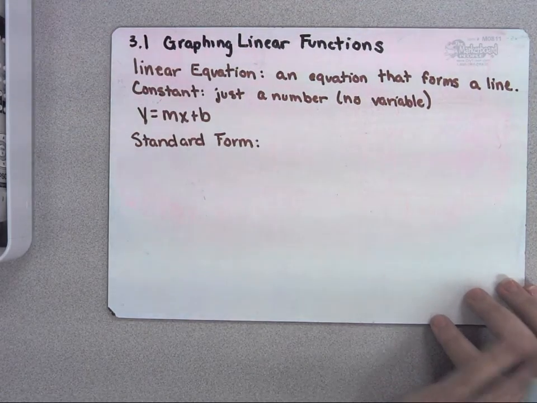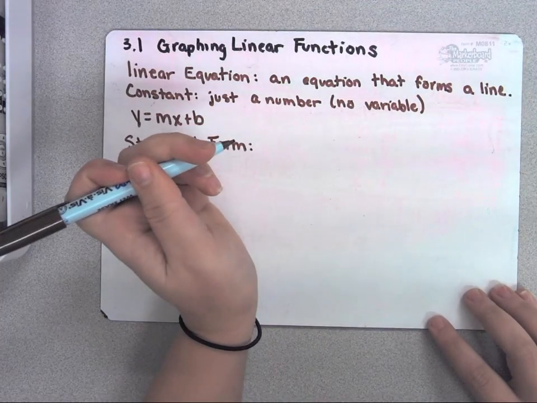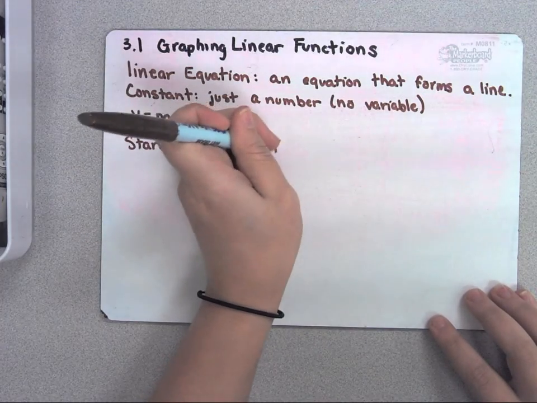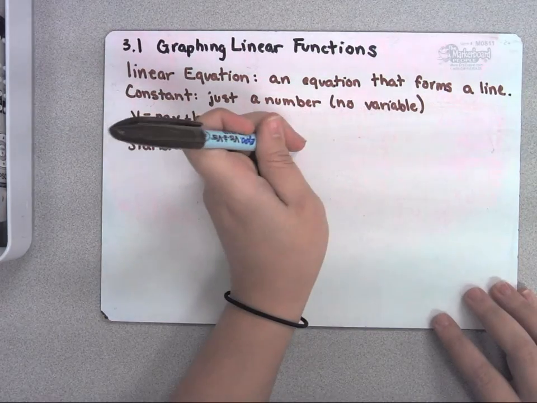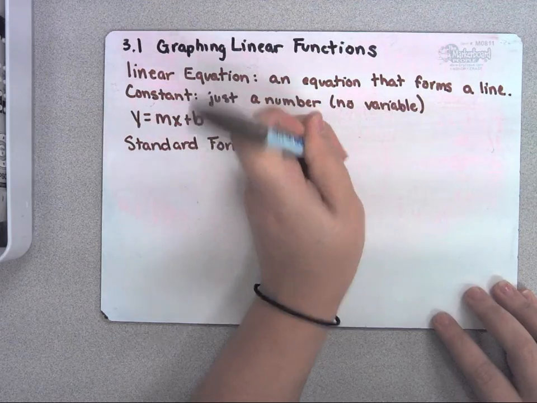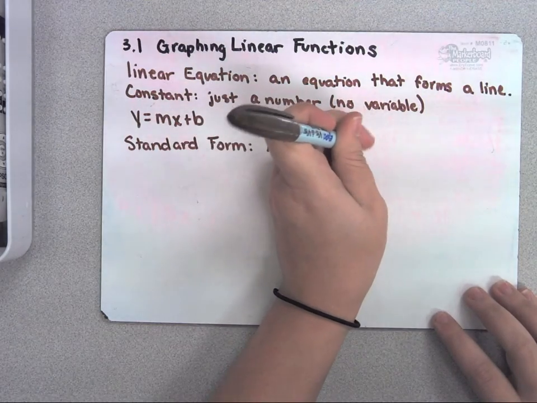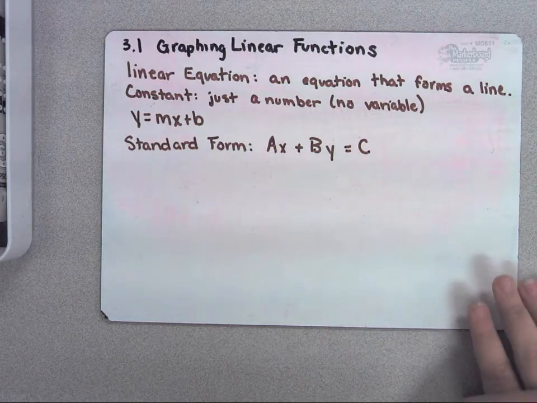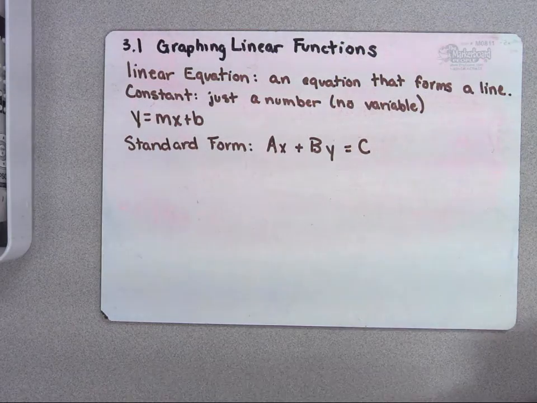Standard form looks like this. Our letters are capitalized. A times x, plus B times y, equals C. So Ax + By = C. My B and y are a little far apart from each other, but they're supposed to be next.